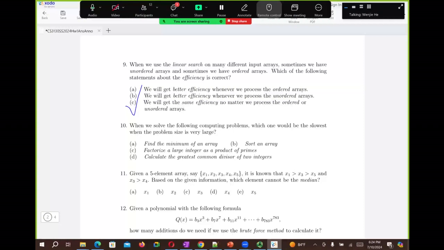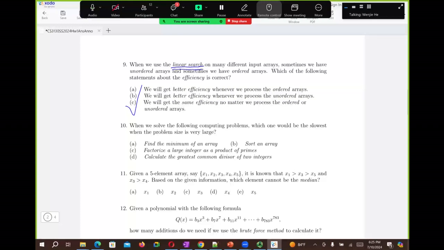Because so here the linear search. Actually, I talk about this point a few times in class. When we write the code, think about how we implement this linear search in a computer program.